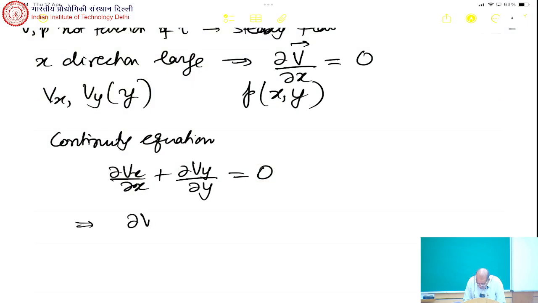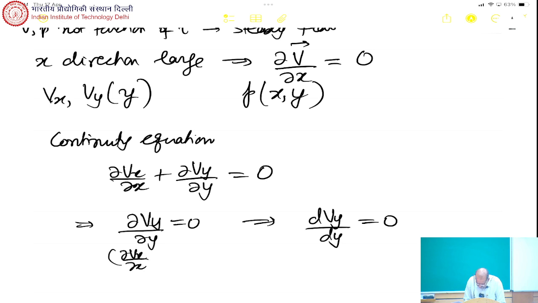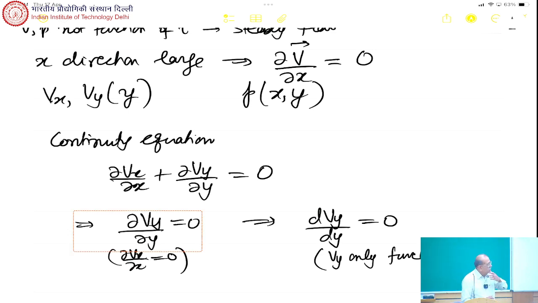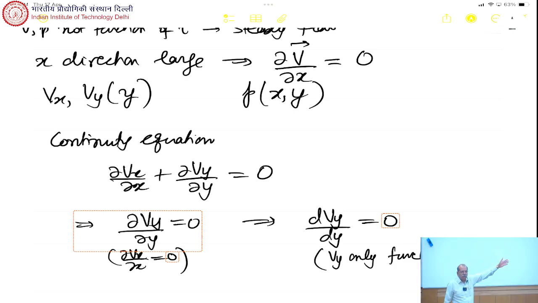So this becomes... so I make two more simplifications. First, I reduce that term. Secondly, I convert this partial derivative to a total derivative because Vy is only a function of y.